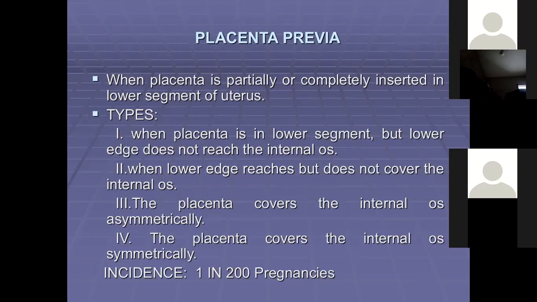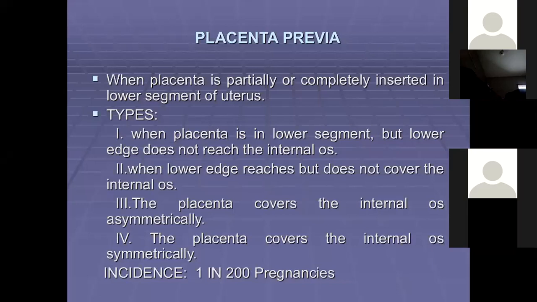In type 2, the lower edge reaches but does not cover the internal os. In type 3, the placenta covers the internal os asymmetrically, meaning not completely, it partially covers the internal os. And in type 4, the placenta covers the internal os symmetrically, meaning it covers the internal os completely.